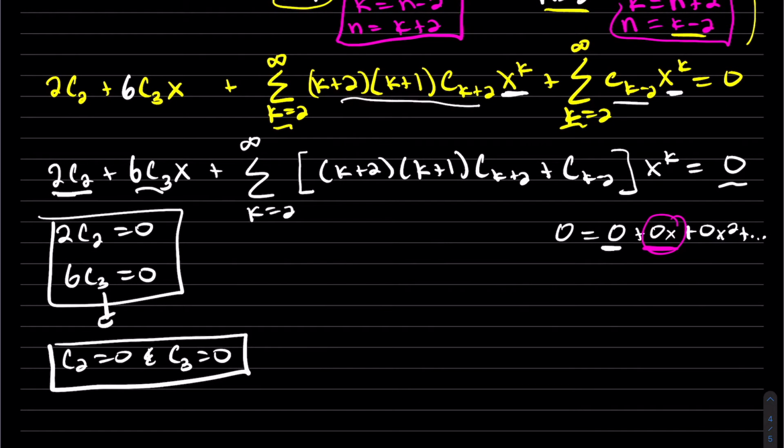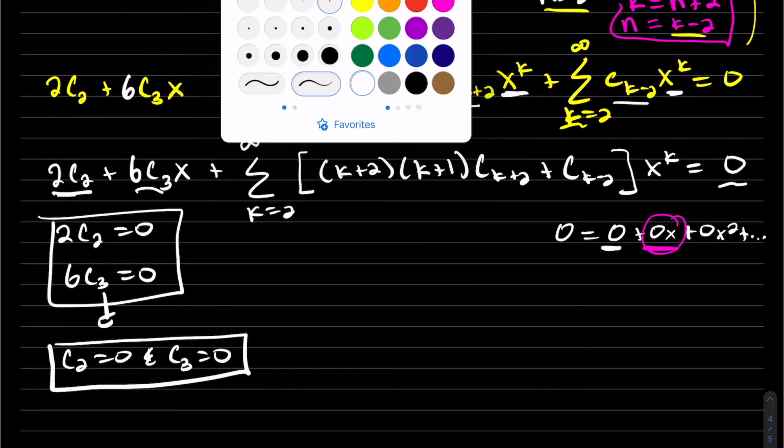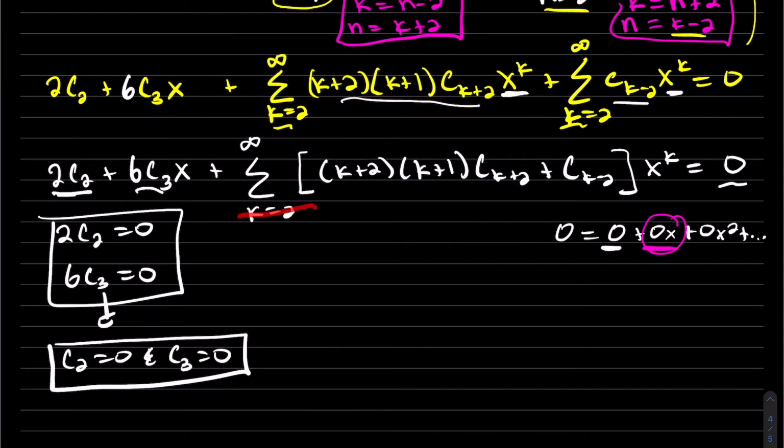So now, these are all the other terms, starting at x squared, x to the third, and so forth. And we can see all the terms are 0, so we're going to set that equal to 0 also.